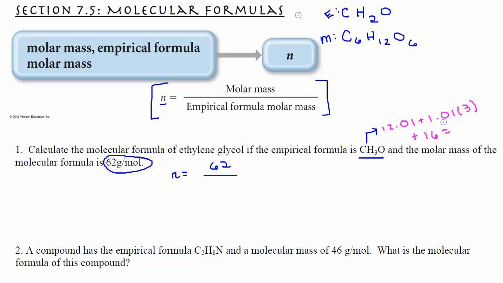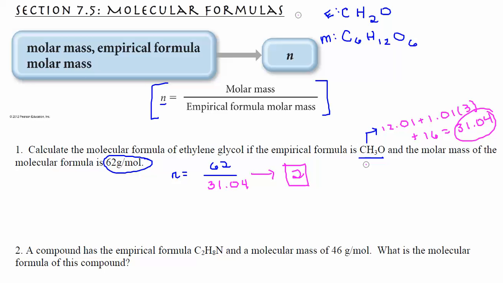So if you do that, 12.01 plus 1.01 times 3 plus 16, you end up with 31.04 grams per mole. And so I'm going to plug this value in right here because that is the molar mass of my empirical formula. So you end up with 31.04. When I divide, I end up with 2. That is my integer.